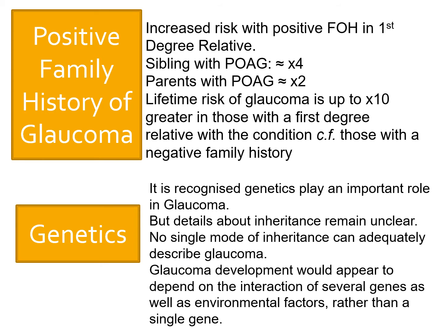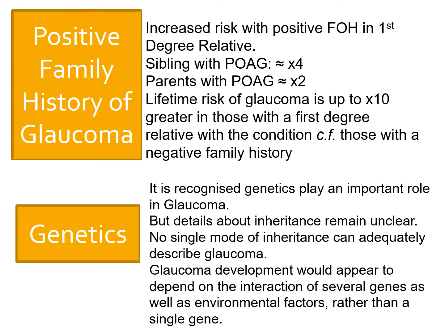A positive family history is huge. If it's a first degree, so if it's a sibling, you are 4 times more likely to develop glaucoma than a non-glaucomatous person, and if it's a parent, it's 2 times.